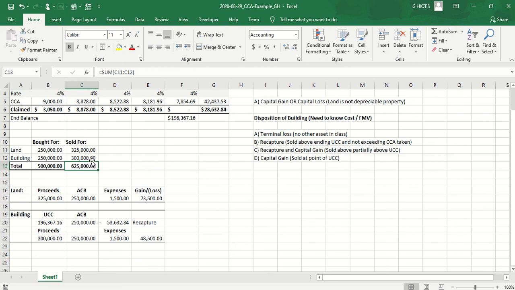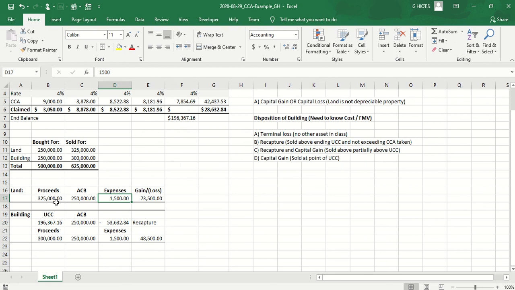According to the last property tax bill, I would have been able to attribute 300,000 to the building and 325 to the land. So this transaction: 325 minus 250 minus 1,500. I ultimately paid, let's say, $3,000 of expenses in notary fees and whatnot to make this sale happen.